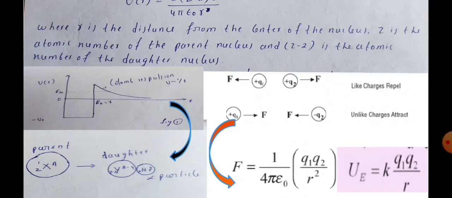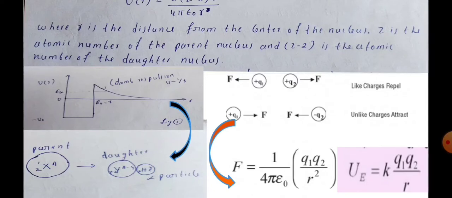We can write this in terms of energy: the energy is equal to 1 by 4 pi epsilon naught times q1 q2 divided by r, or U equals k q1 q2 divided by r.